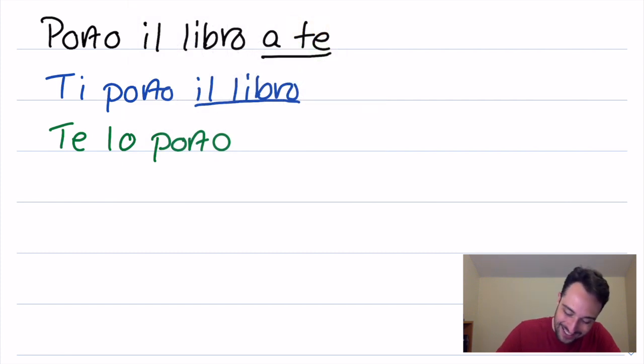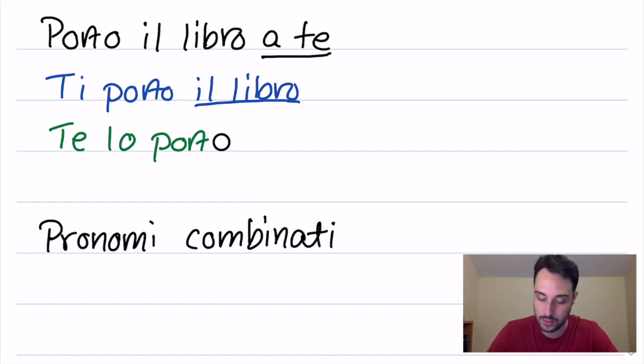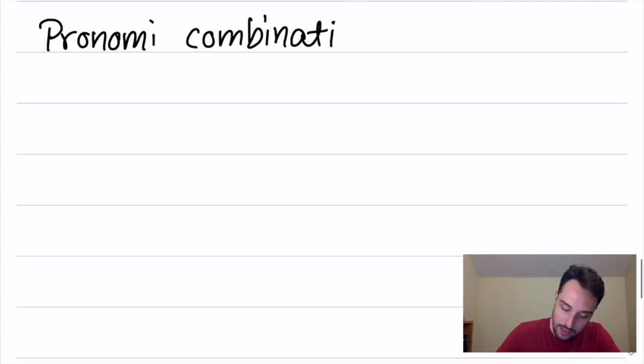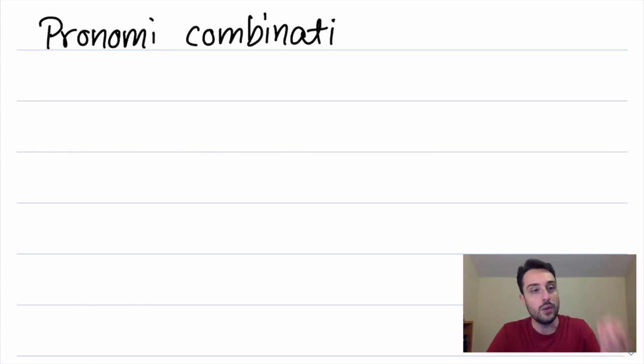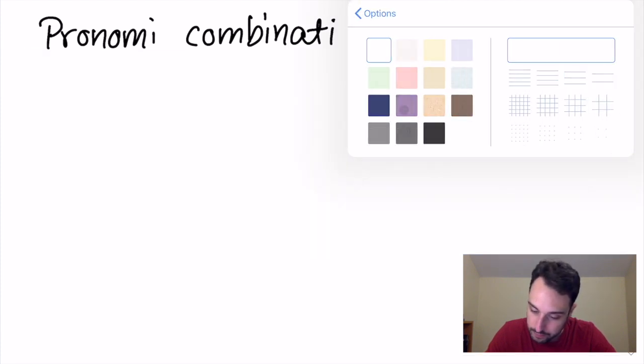All right, so let's look at the combined pronouns. So, pronomi combinati, otherwise known as double object pronouns or combined object pronouns. So, I'm actually going to put these in a little table because that is something that really helps. I'm going to do all of the indirect object pronouns on the left-hand side, and then the direct object pronouns, the third person ones, because we usually only use it with those, here on the right.